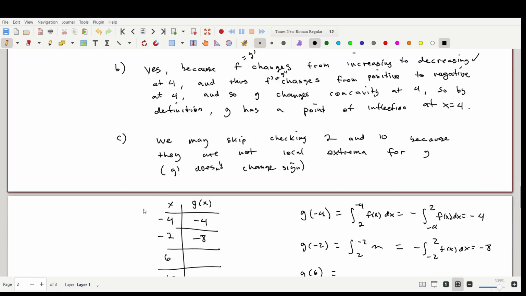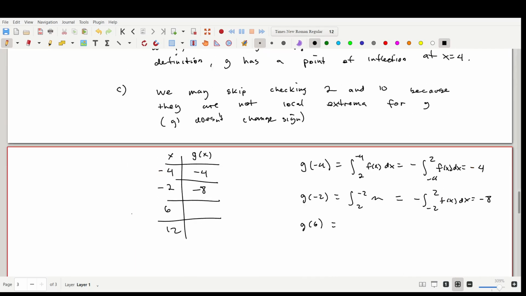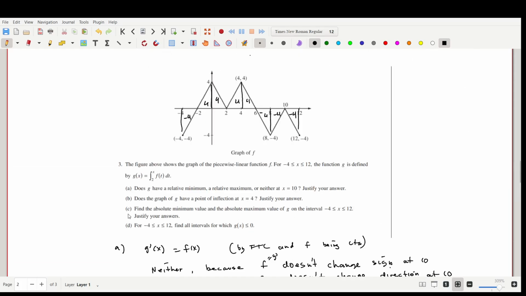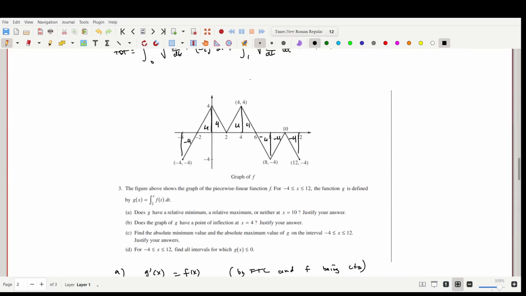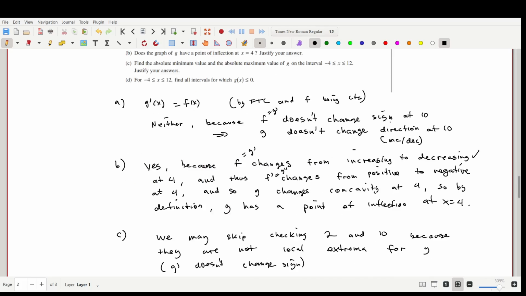Yeah, okay. G of 6 is the integral from 2 to 6. Don't need to swap that one around. 8. And G of 12 is the integral from 2 to 12. Yeah, the candidates test is always very tedious, I know. 8, -8, -4.